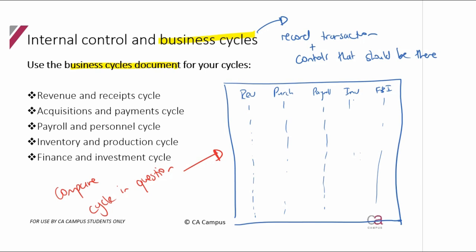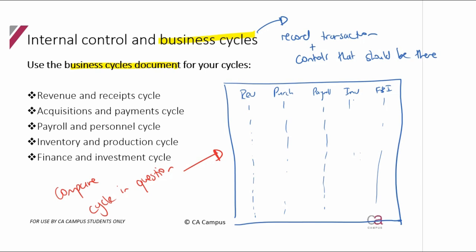And where there's differences in documents, in what's included, in the controls around those documents, if there are documents missing and controls missing, you need to pick that up by comparing their cycle to what's here, and then you will identify the issues.